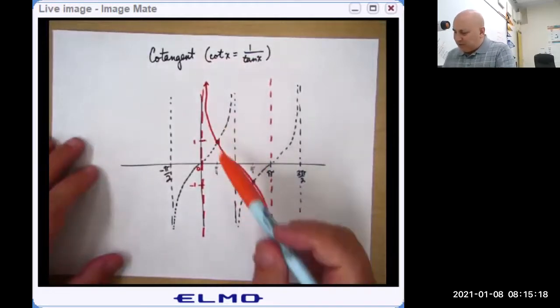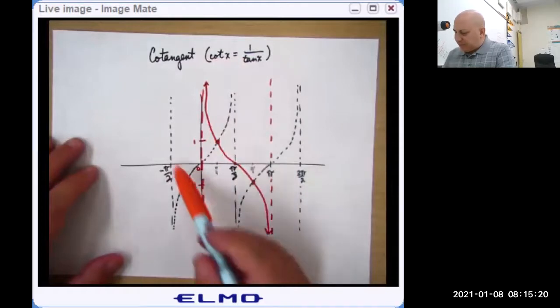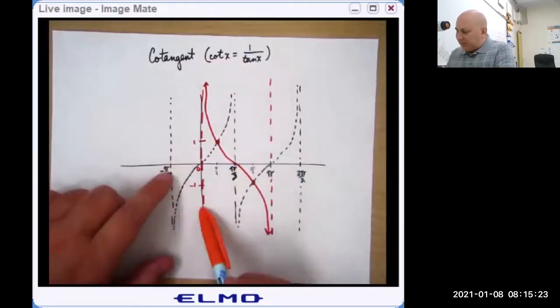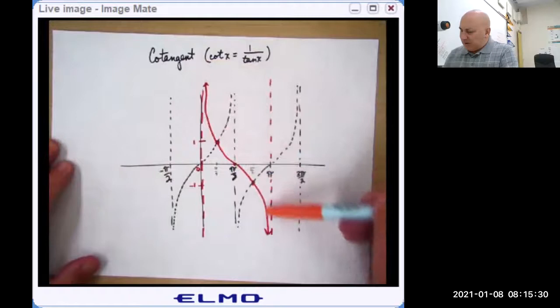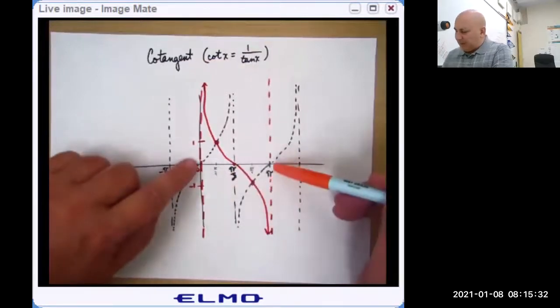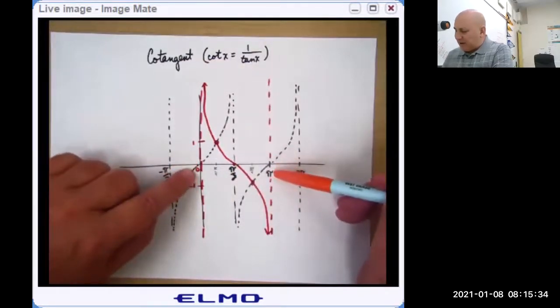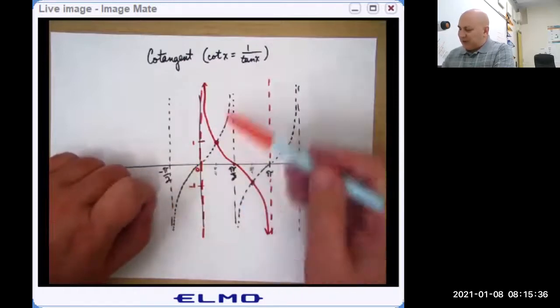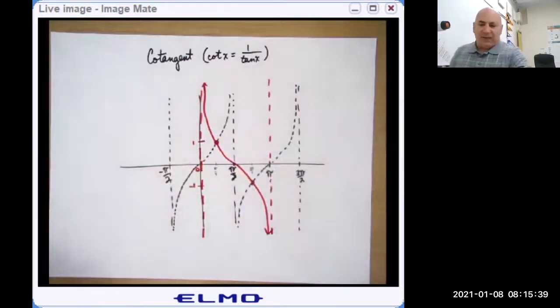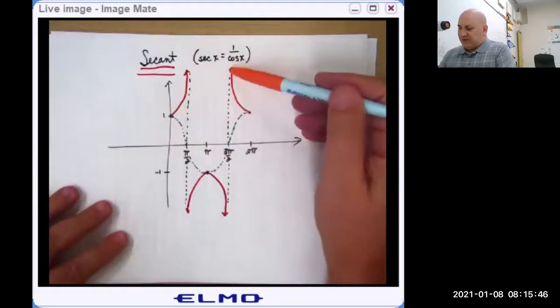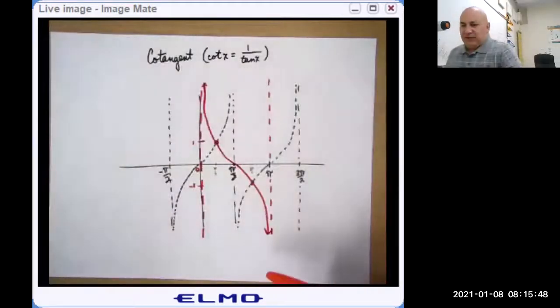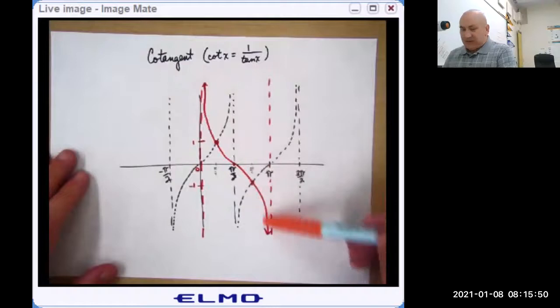And why do a piece over here and a piece over here if we could just make one continuous graph? Here, you see the period is still pi as we go from 0 to pi. It's just that we didn't have to do a piece here and a piece here like we did on the secant graph. It's just easier to do this one continuous curve.